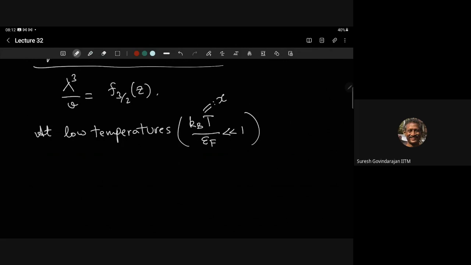So x is less than 1 at low temperatures, and at low temperatures we expect z to be much, much greater than 1.